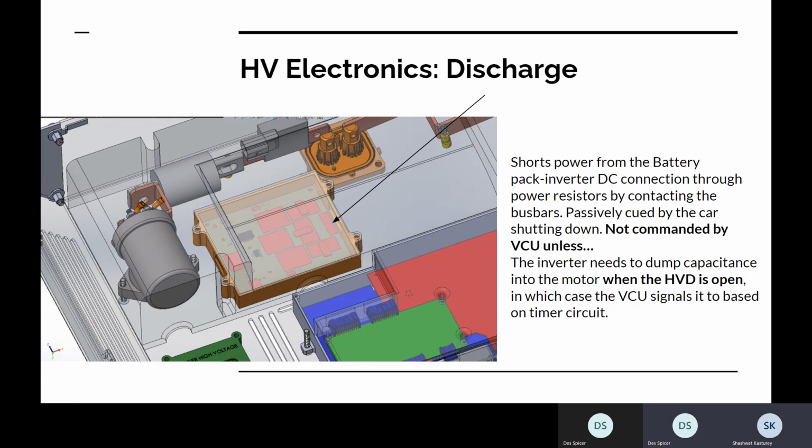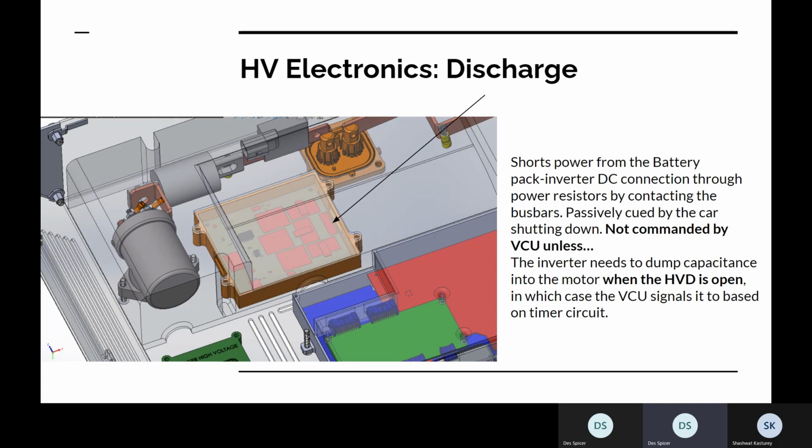Yeah, so that's actually going to get redesigned a little bit because the way that's handled right now is not good, I guess you could say. The logic behind it anyways, but essentially what you described is what happens. If the HVD is disconnected, so the battery pack is disconnected from the tractive system, you still need a way to discharge the capacitance from the motor controller, the inverter.